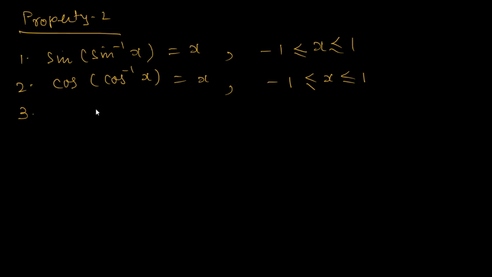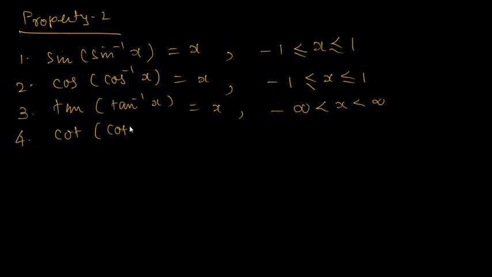Third one, tan of tan inverse of x, that is equal to x, provided that minus infinity is less than x, that is less than infinity. Then cot of cot inverse x is equal to x, provided minus infinity is less than x, that is less than infinity.